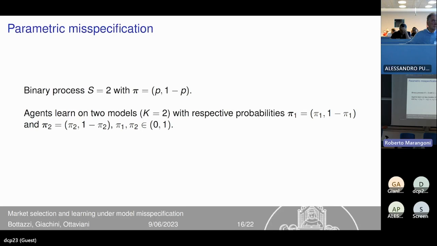The two models are two IID models, like coin flipping, with the probability of head and tail, and the agents learn on two possible models that define the probability of head and tail. But look here: in general, both pi1 and pi2 are going to be different from p, which means that the agent learns on two models, none of which is the correct one. So the agent is going to use some sort of combination in order to describe reality.